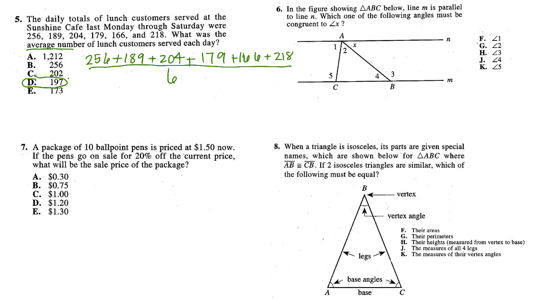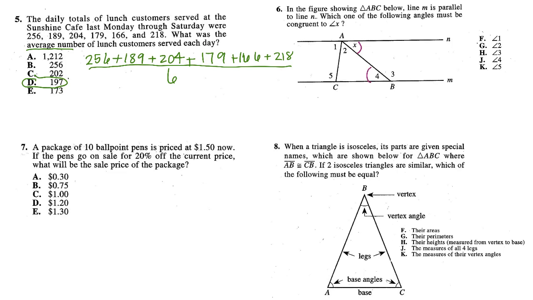Okay, moving on to number 8. Here we have lines that are parallel, and I need to know which of the following must be congruent to angle X. We have a nice property from geometry that tells us if we have 2 parallel lines cut by a transversal, our alternate interior angles are congruent.